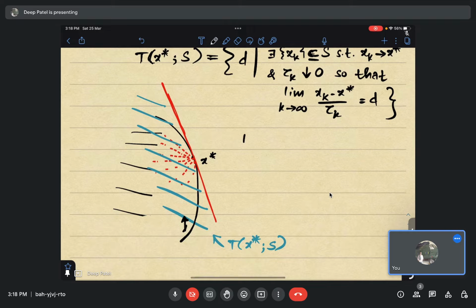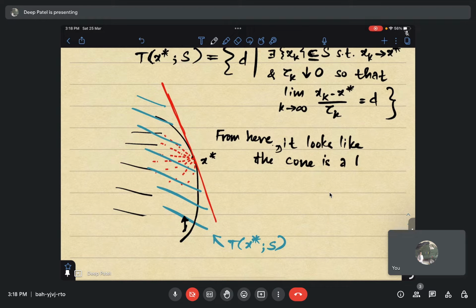The question is, it looks like the cone is a half space, or sorry, rather the other way around.